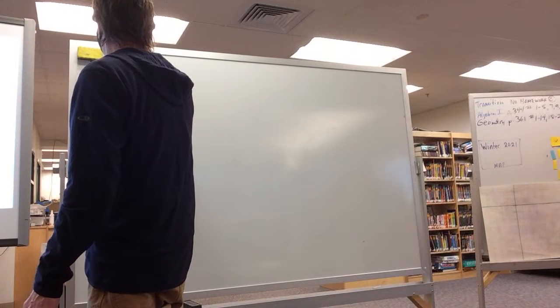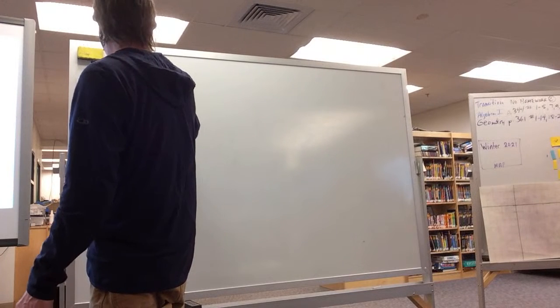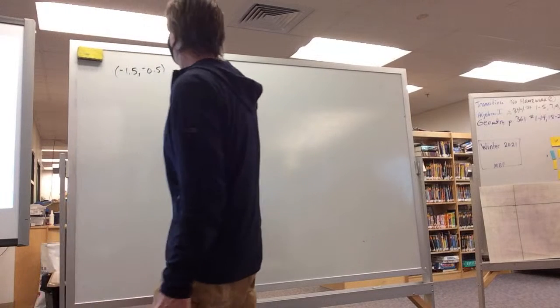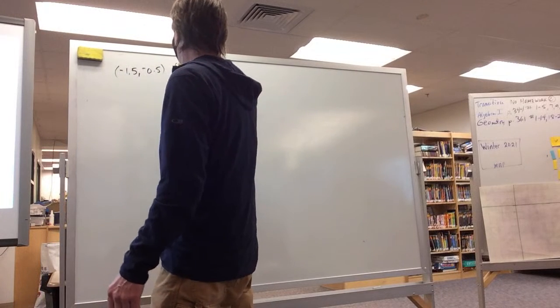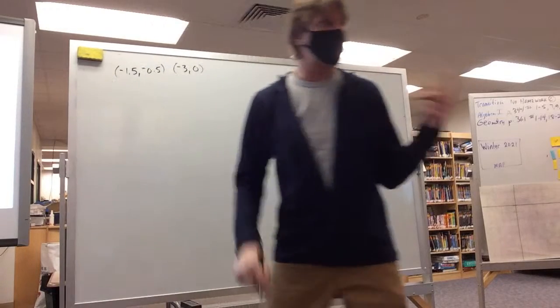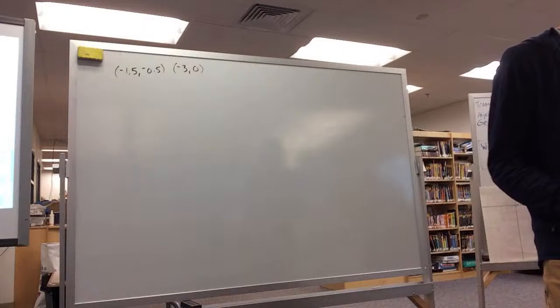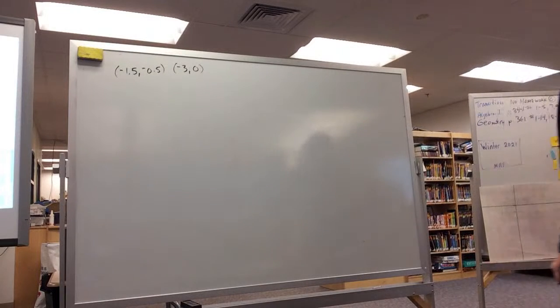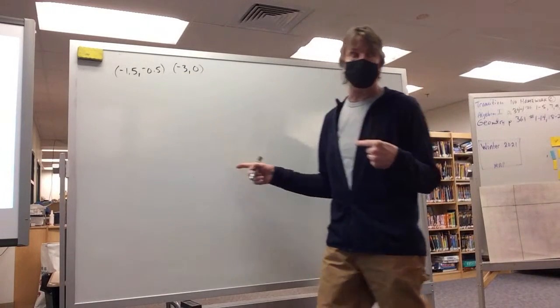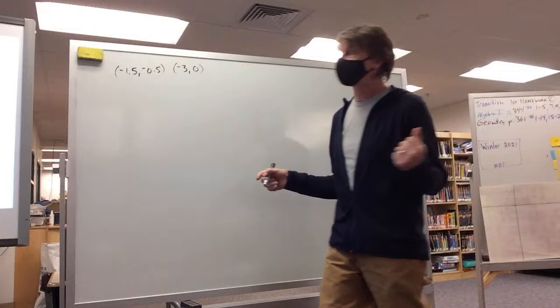So we have 2 points. We have negative 1.5, negative half, and negative 3, 0. The steps with this are to take 2 points and find an equation from it. First find the slope, and then use one of the points along with your slope in the equation to find the y-intercept.